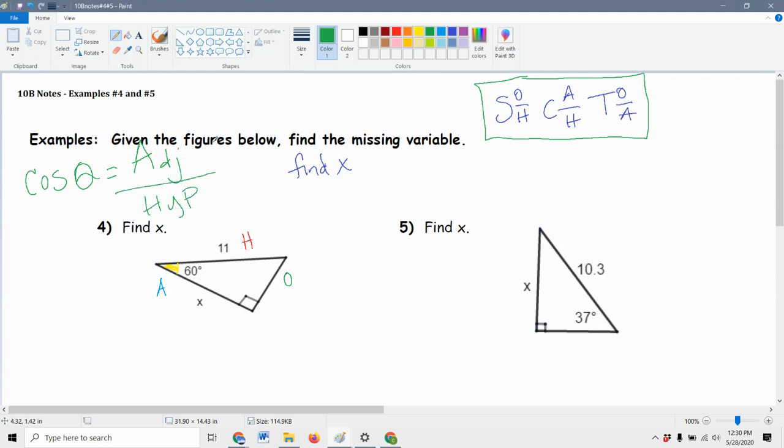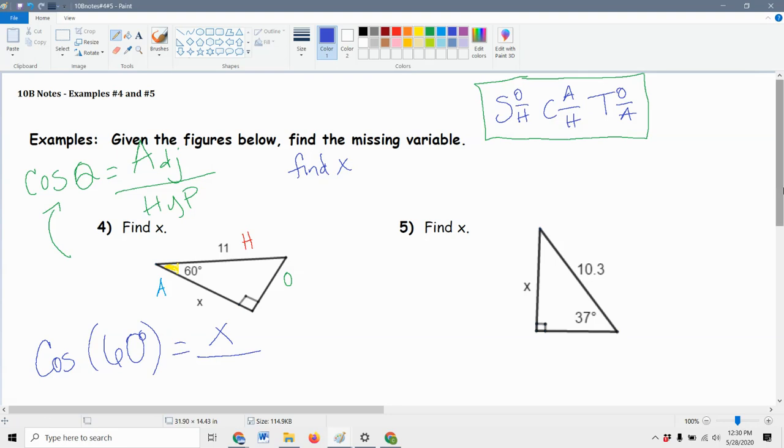And now let's plug in the information we have to that trig identity that we've decided to use. So cosine, well, we know what theta is. It's 60 degrees. And that is equal to the adjacent side, which in this example is x.